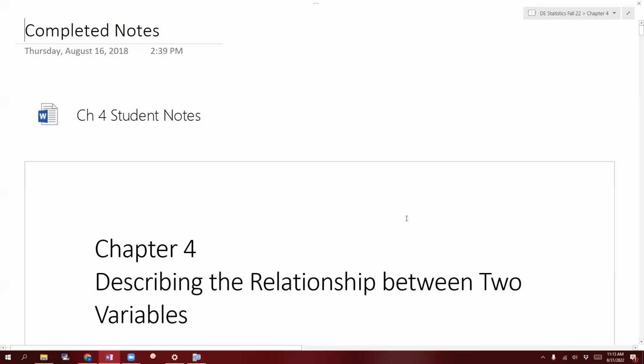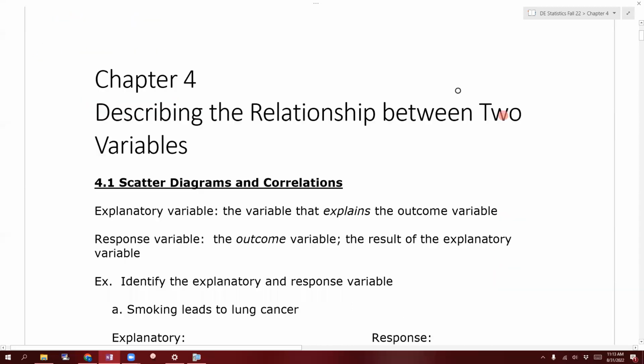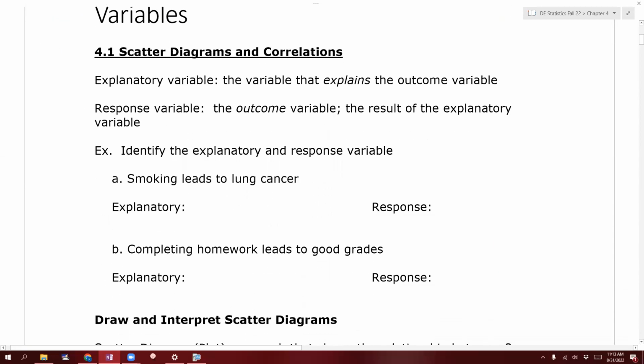So let's get into some vocab. Again, this first section is stuff that we've already done. We covered it earlier in chapter 1 when we talked about what an explanatory variable and what a response variable are. So you should have knowledge of those two vocab words, but if not, they're defined again. And we did these two examples as well. Smoking leads to lung cancer.